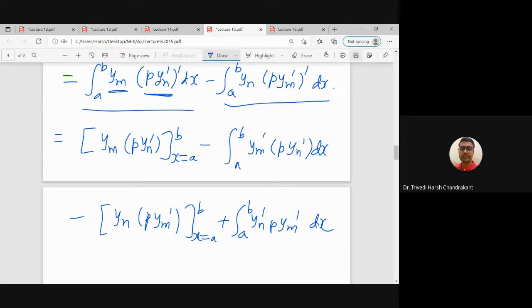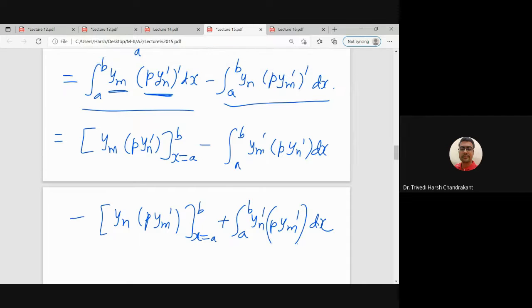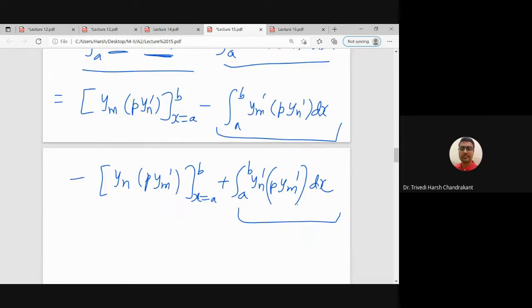So now again here we can see that if there is any term cancelling out, so here this term and this term is same with the opposite sign, so that means those terms will cancel out. So the remaining term we need to substitute at the value a and value b.